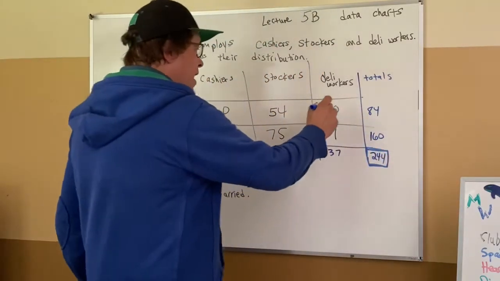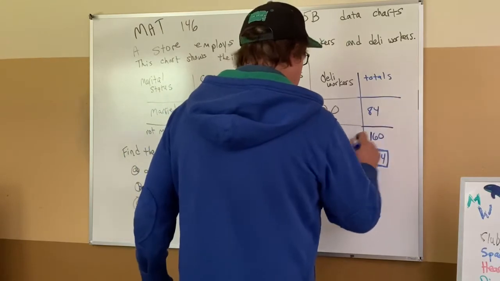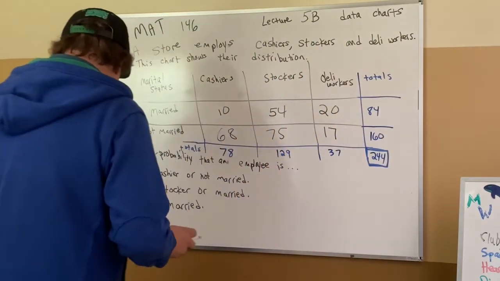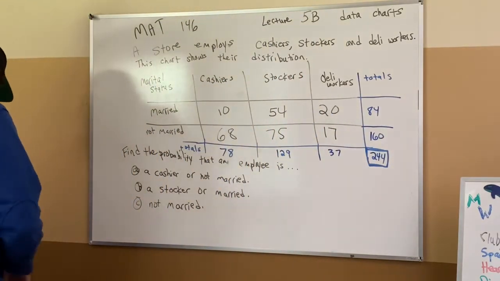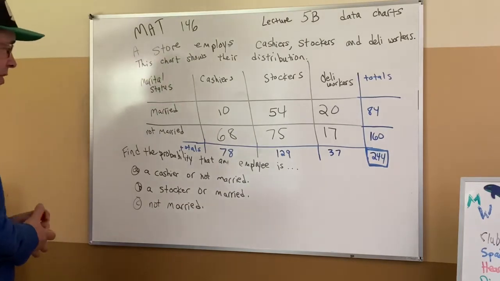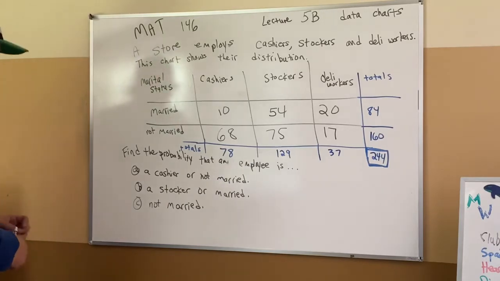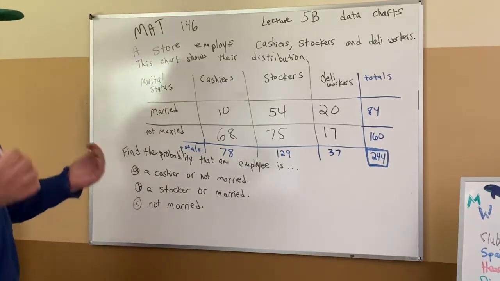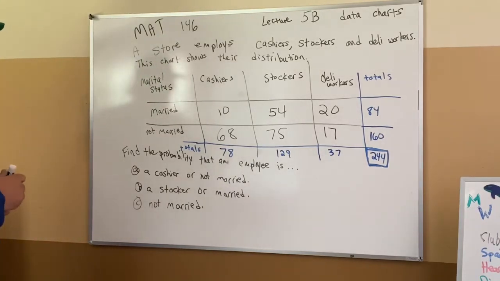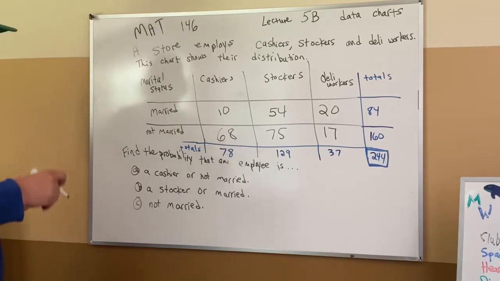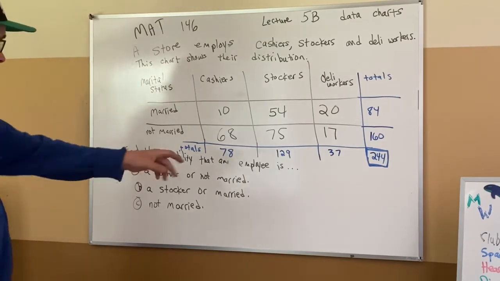But the blue ones that I've added are totals that might be helpful. The 244 is definitely going to be helpful. So what we want to do here is work on that concept of or, maybe not or, but anyway, whatever concept we have of finding percentages or decimal values for the likelihoods, we'll set them up as fractions. Find the probability that an employee is a cashier or not married.